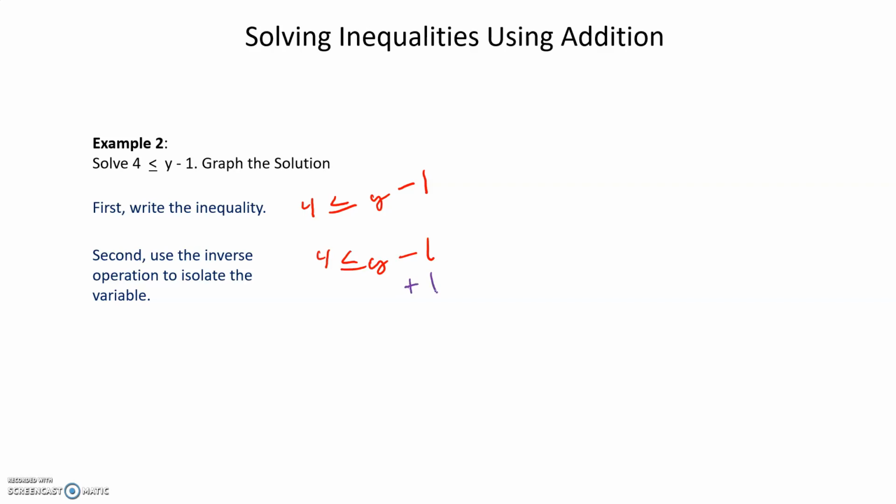So plus 1, plus 1. And I'm left with 5 is less than or equal to y. And that's an error right there. That should be 5 is less than or equal to y.